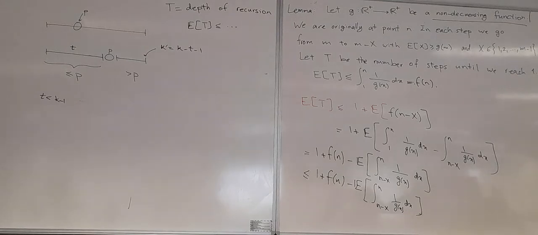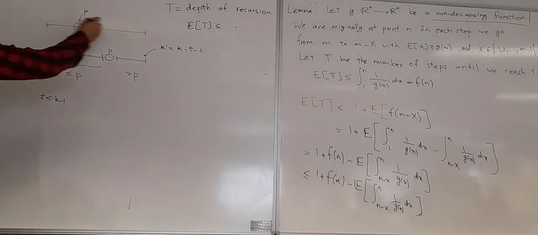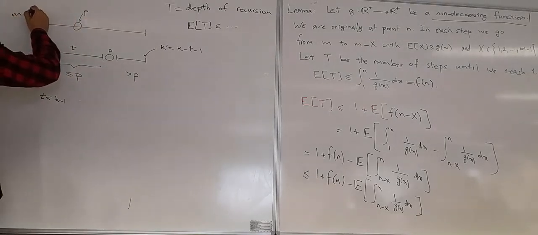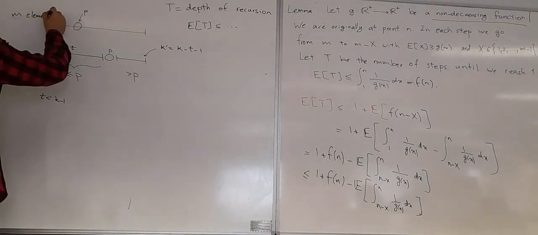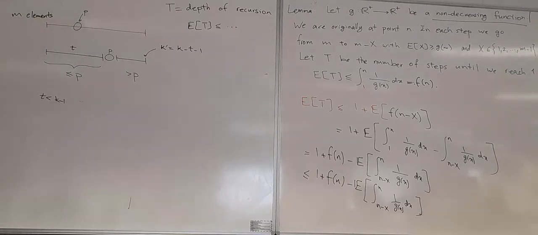So if I have a QuickSelect and I want to find my function g, what is my function g? My question is, if I'm starting with an instance that has m elements, what is the average decrease in the size that I will have?